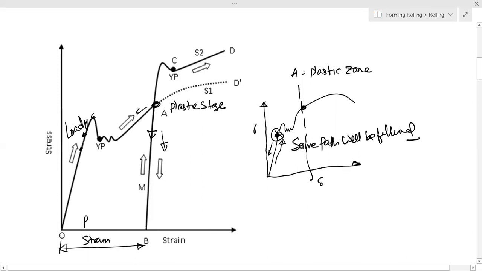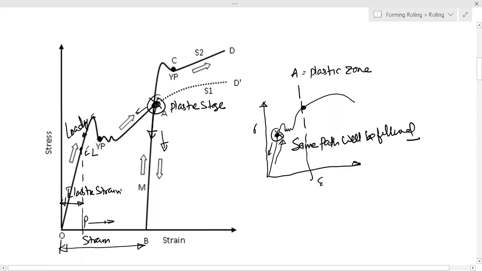So you have two strains: up to the elastic limit this is your elastic strain, and then you have plastic strain. When you load up to this point, there will be elastic strain and plastic strain.